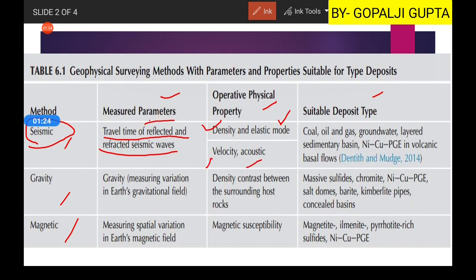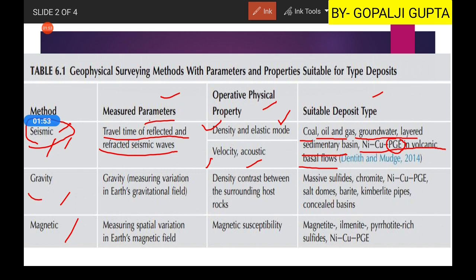The mineral deposit types which we can identify using seismic waves are coal, oil and gas. We can also get information about groundwater, layered sedimentary basins, nickel, copper, PGE in volcanic basalt flows. Here PGE stands for the platinum group of elements. So these deposit types can be identified on the basis of the seismic method.